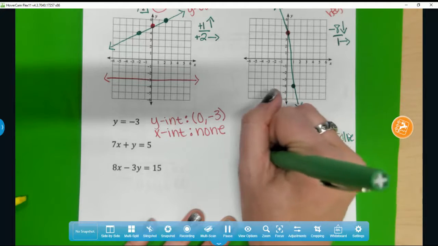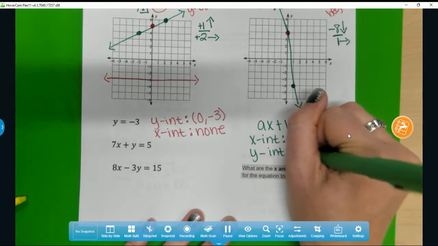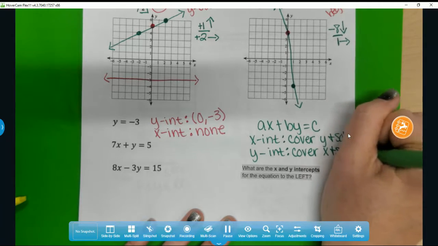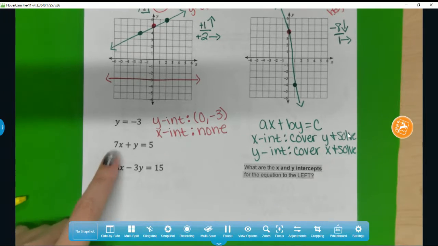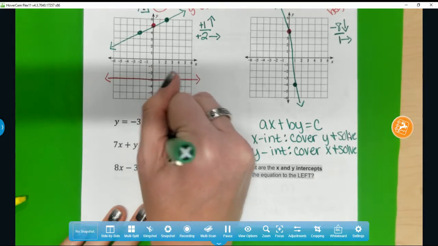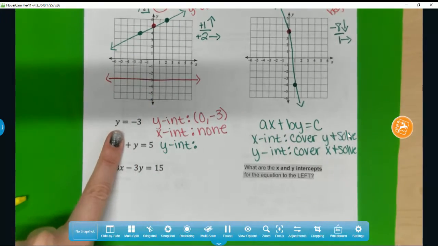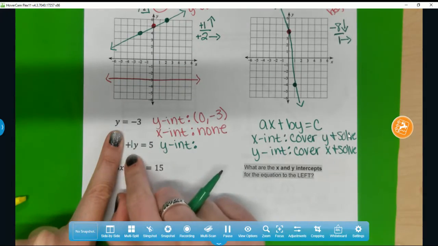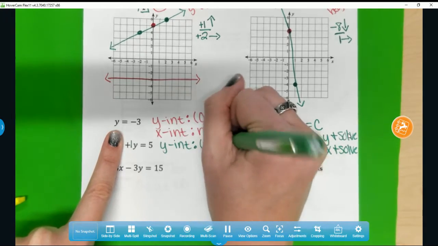To get the y-intercept, we cover x and solve. So here, if I want to get the y-intercept, I'm going to cover up the term with x, and if I need to, solve. There's just a 1 here, so this is telling me that y equals 5, so my y-intercept would be 0, 5.